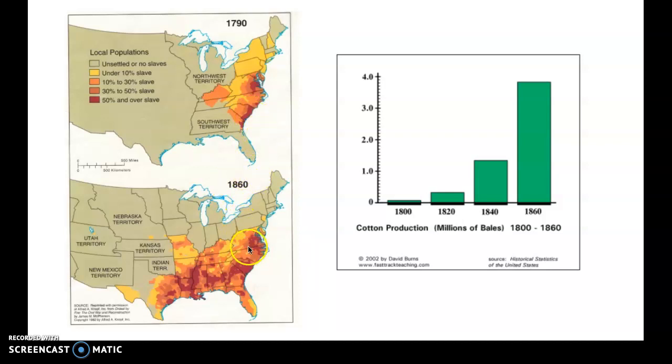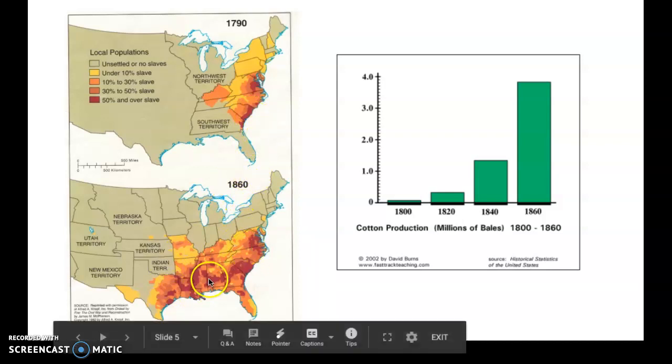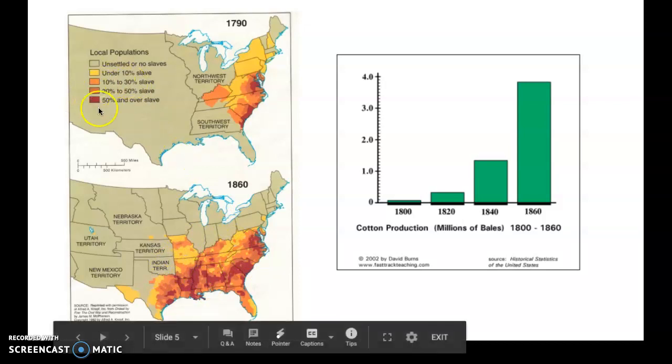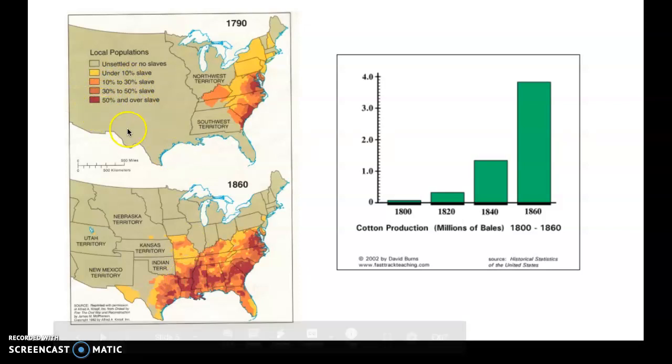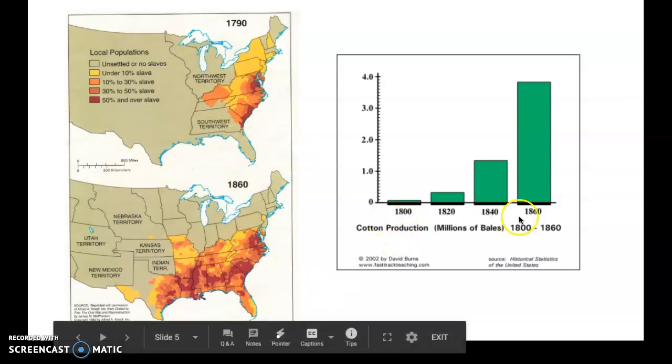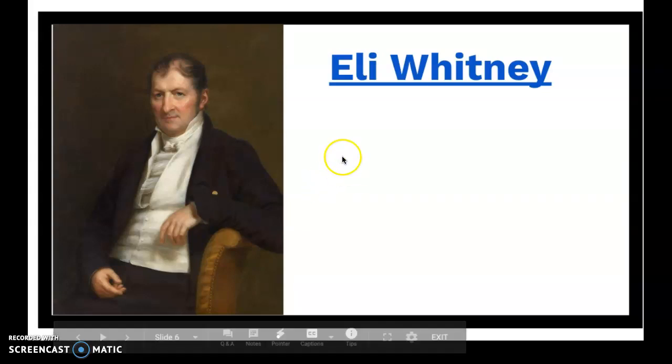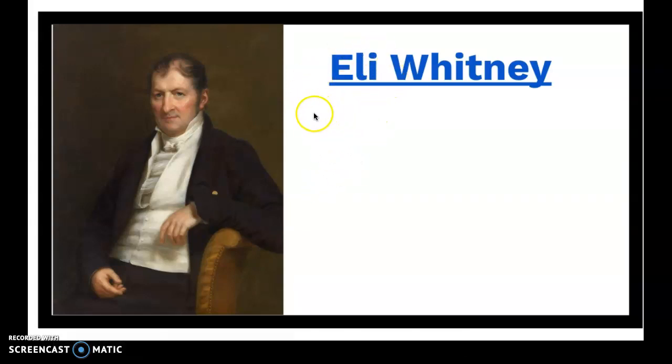By 1860, much of the South is slave owning, and a lot of it is 50% or more of the population of that state is made up of slaves. So we can see a clear connection between cotton increasing and the slave population increasing. And we can typically attribute that to Eli Whitney's invention of the cotton gin. So we're going to watch a little clip here to go over the impact of the cotton gin.